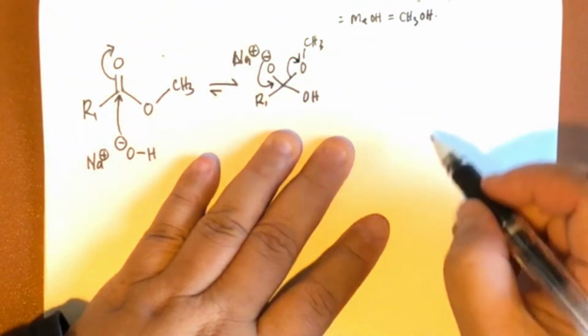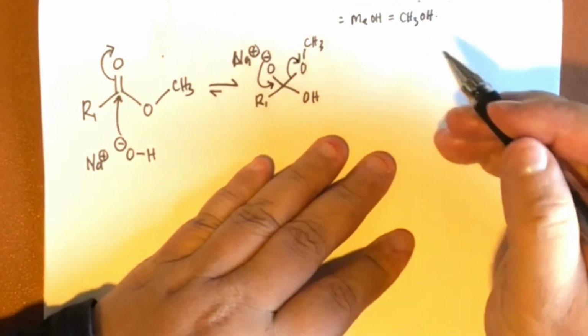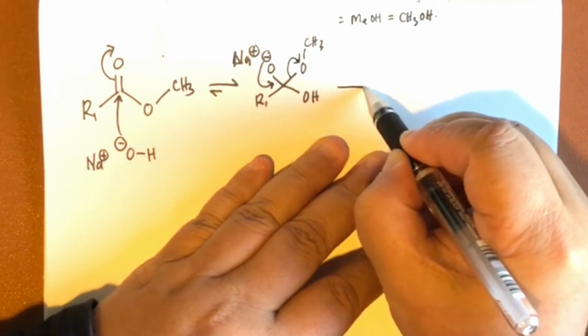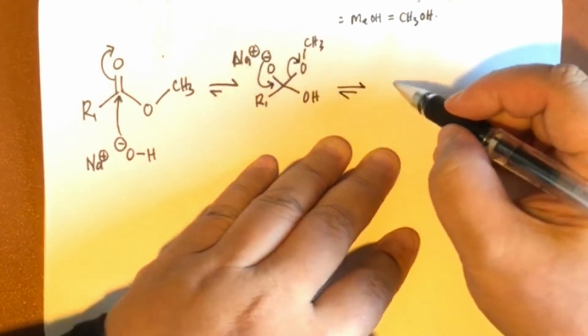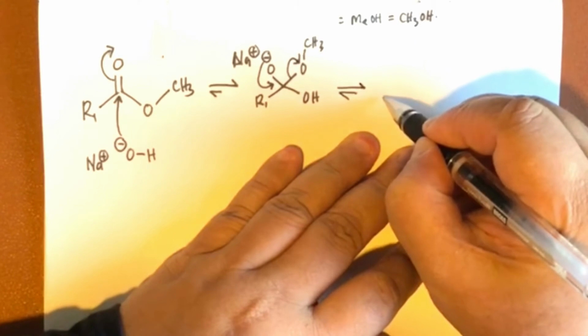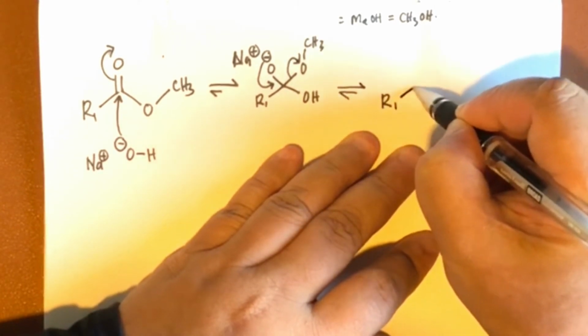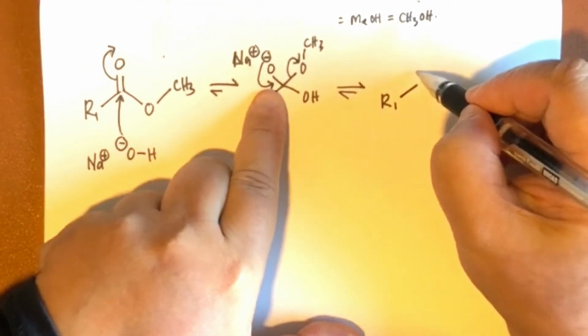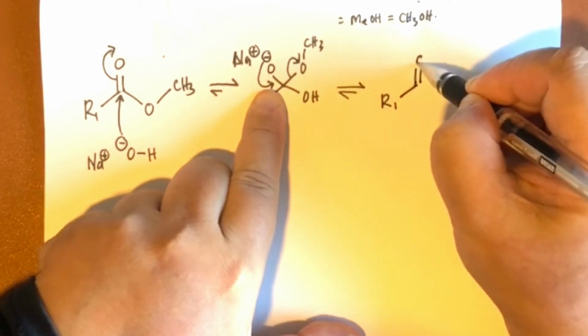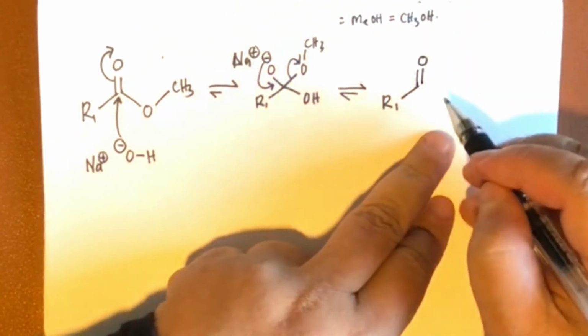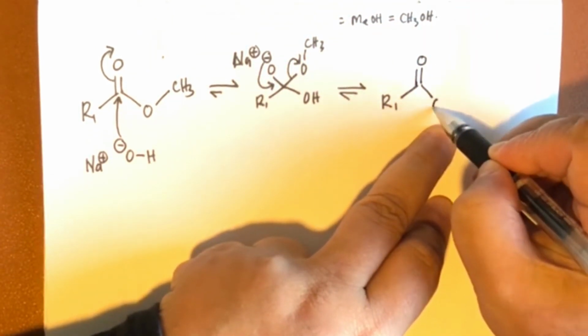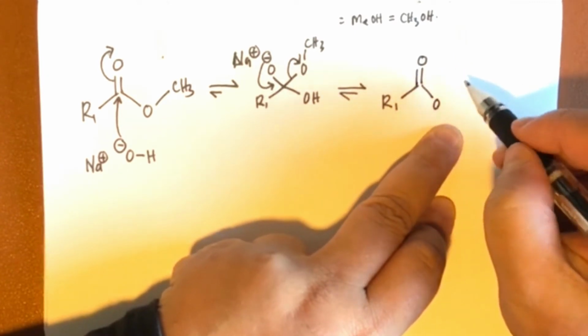This is a good leaving group. And what would happen is that, alright, so again the R1, then this goes back to carbonyl, that leaves off. This will form the carboxylic acid.